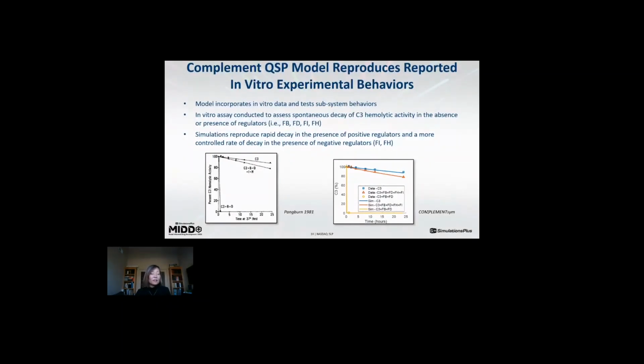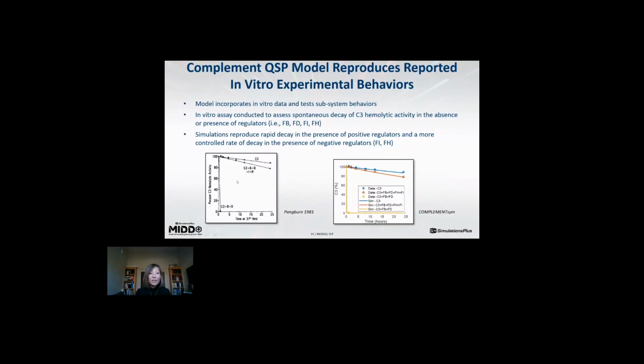For example, you could take in vitro data as shown in the bottom left here, where they're looking at the spontaneous decay in C3 hemolytic activity shown at the top. And then if you add in the activating factors, factor B and factor D, you see a much more rapid decay. And that is mitigated if you add in the regulatory proteins, factor I and factor H.